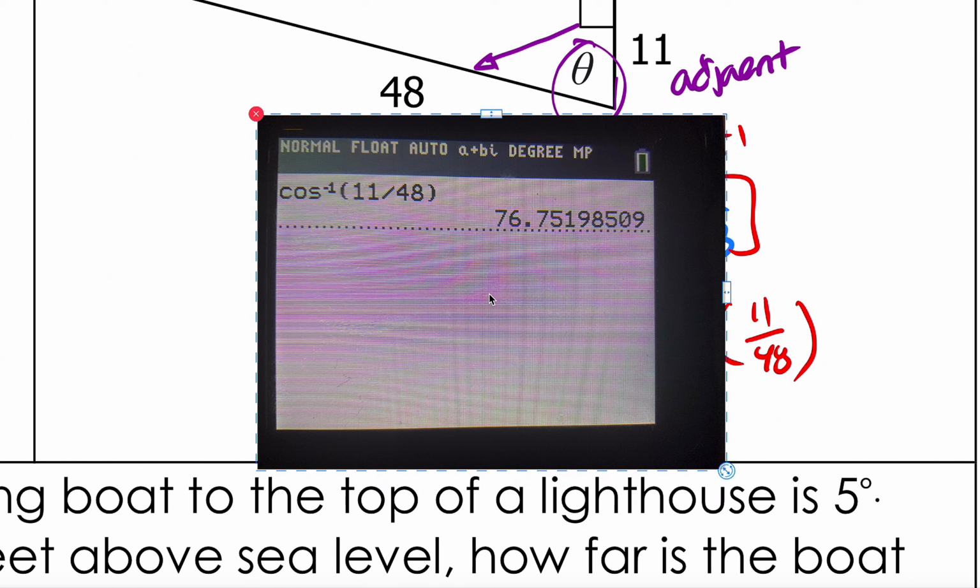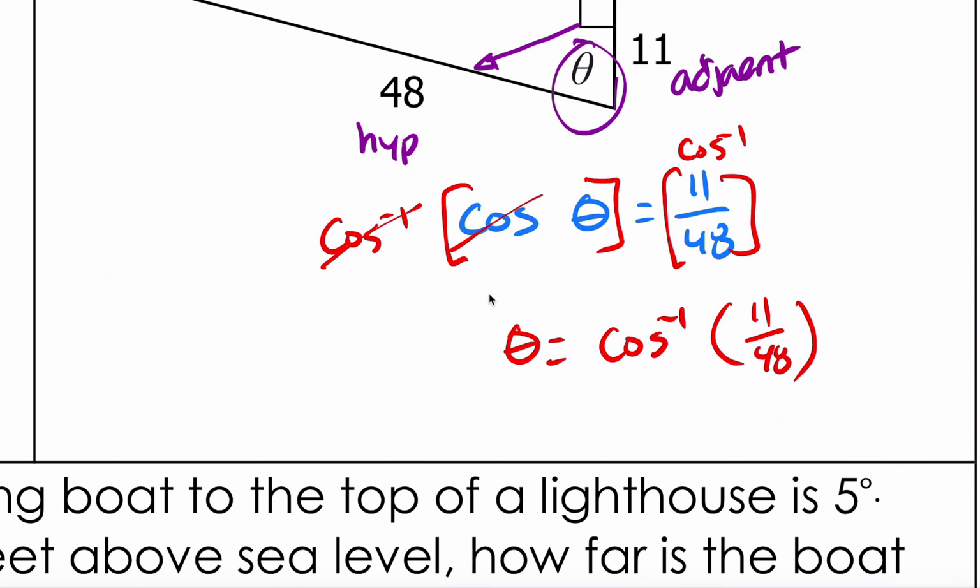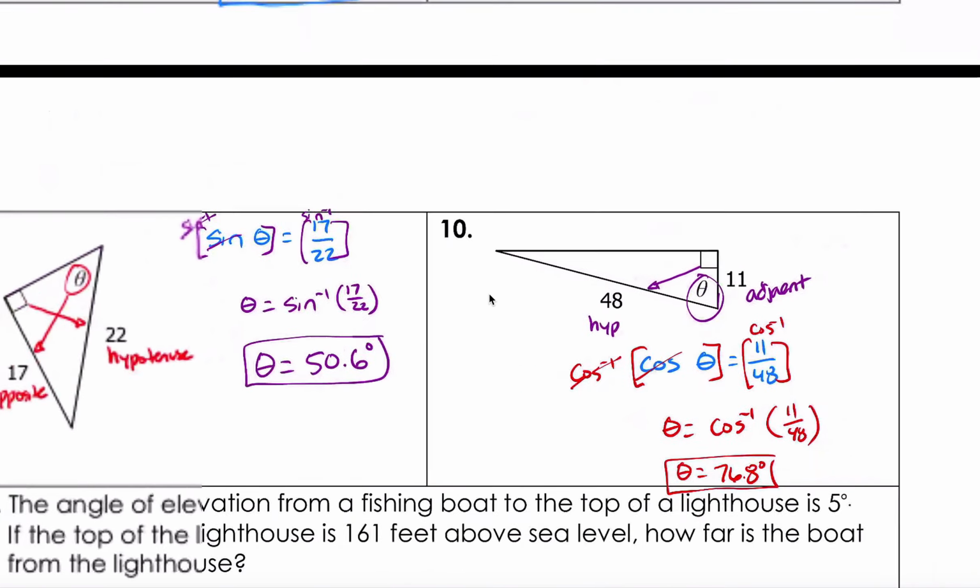And so there it is. Make sure you punch it into your calculator like that if you can. 76.75, which is just 76.8. Don't forget degrees.